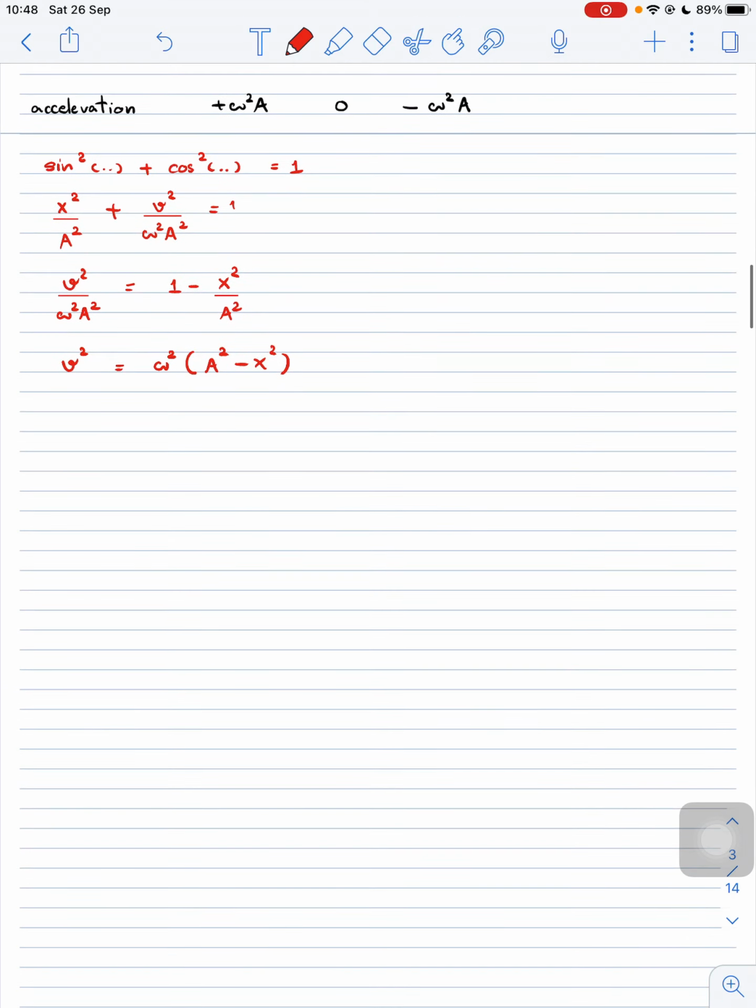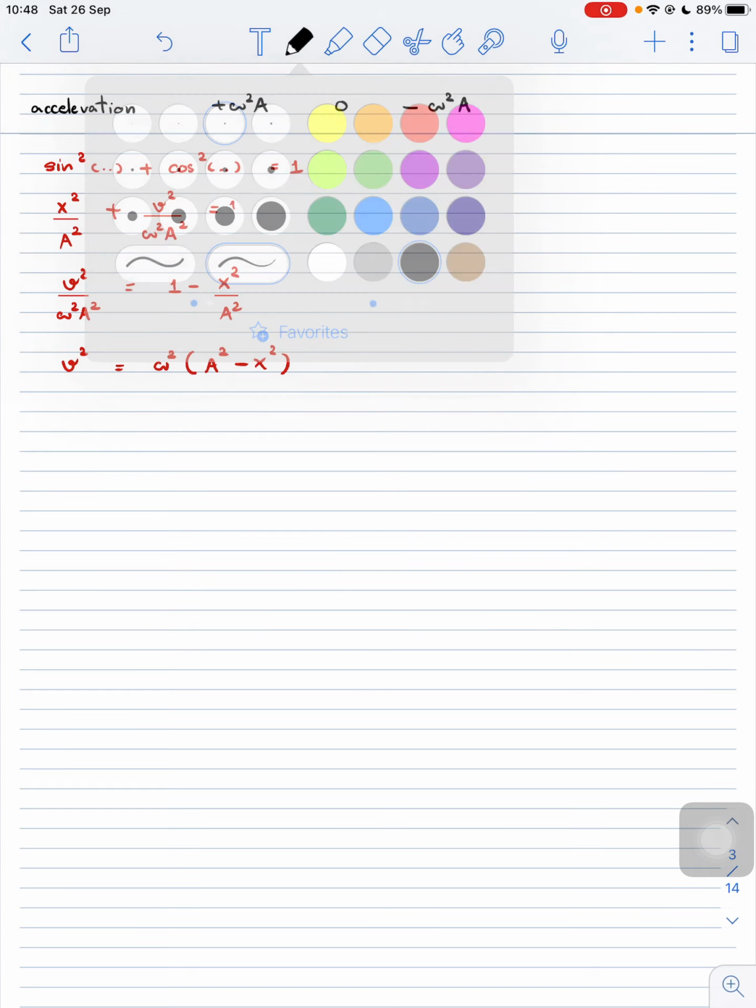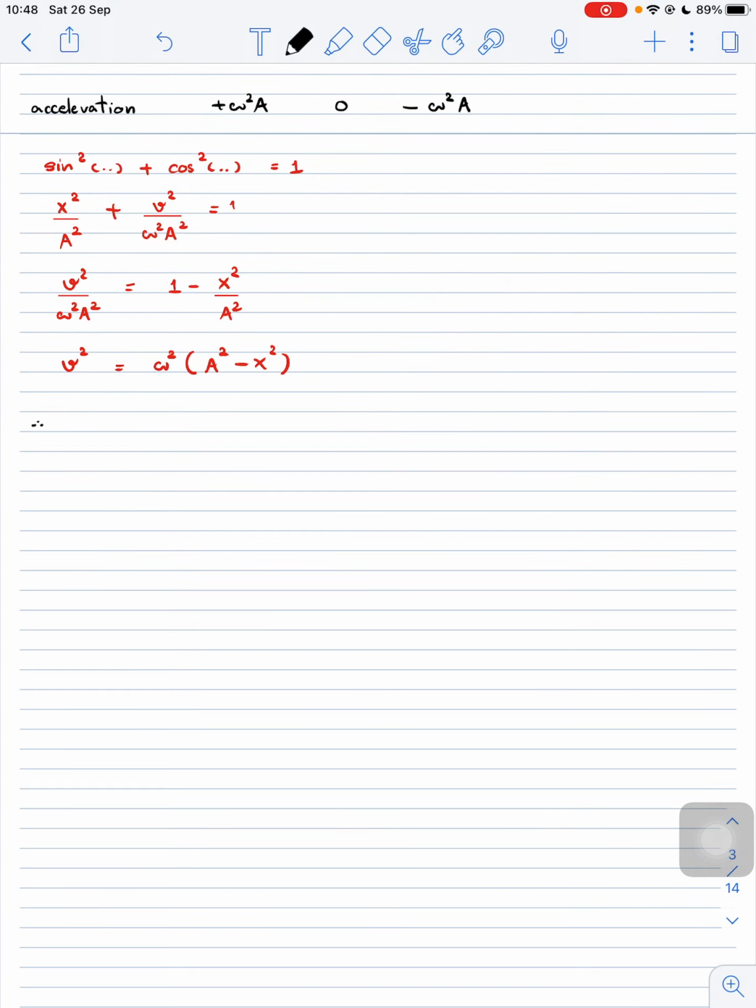Then finally, we can get the velocity as a function of x. We need to take the square root, so we can bring omega squared out of the square root as omega, and then the square root of A squared minus x squared.